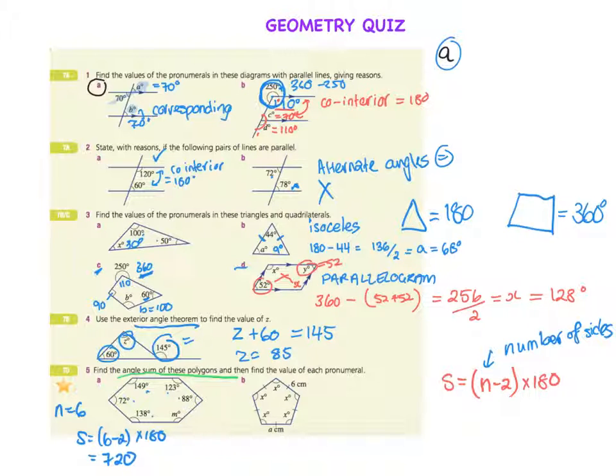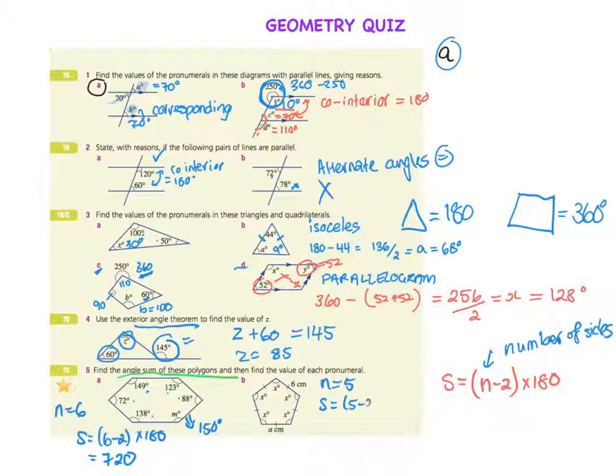Who worked it out? What was m? Because essentially you can just go 720 minus, so what was it? 150. Good. Now, how many sides does this one have? N equals 5. So let's work out what all the angles inside it have to add up to.